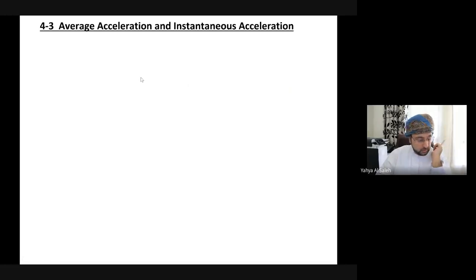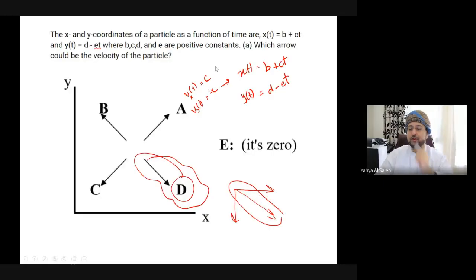Average acceleration and instantaneous acceleration. Well, we differentiated, right? We differentiated x. B is a constant, so it goes to 0. T goes away because t to the 1, 1 minus 1 is 0. So t to the 0 is just 1. We just end up here with c.